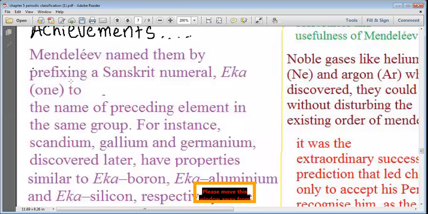Mendeleev named these elements by prefixing a Sanskrit numeral, eka, that is 1, to the name of the preceding element in the same group, for the places where he left a gap.